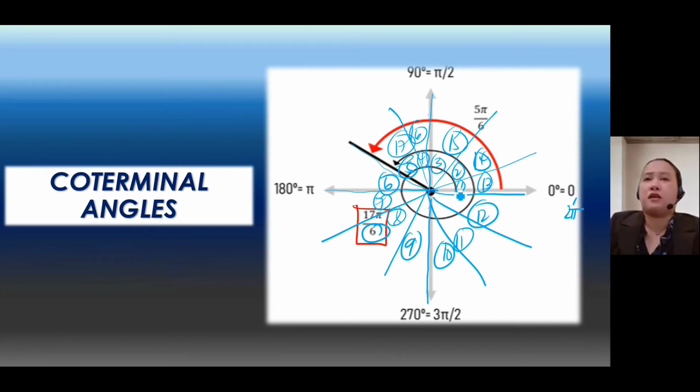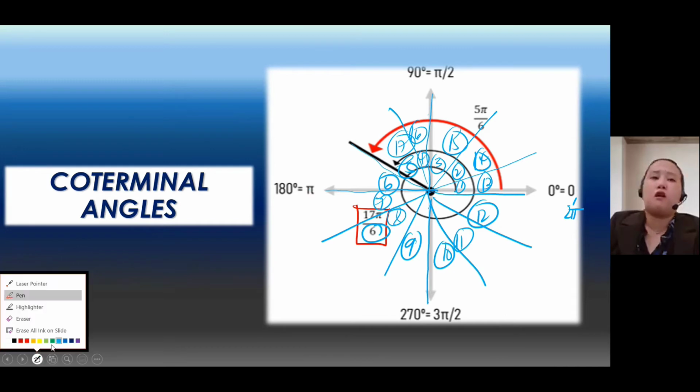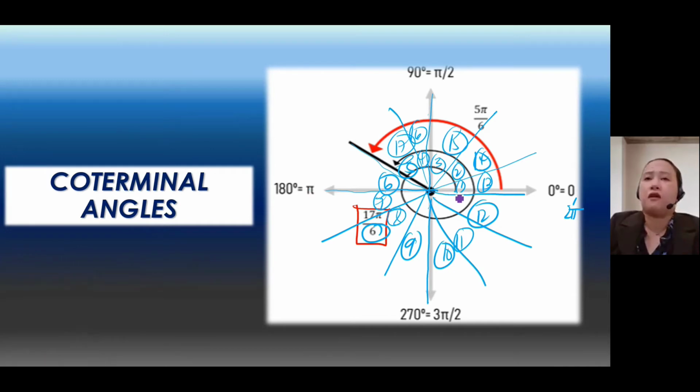As you can see, the rotation of the angle from the positive x-axis is counterclockwise until it reached part 17. So that is the 17 pi over 6.